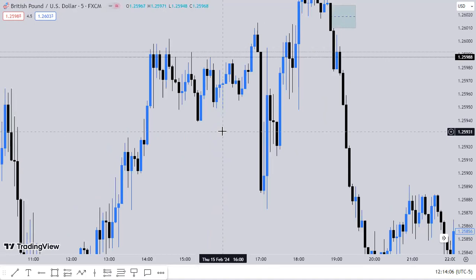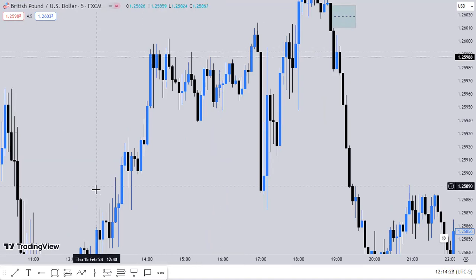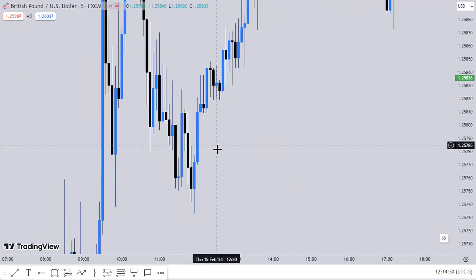So I'm not using the fair value gap only for entry. I'm using it to give me insight, let me know the next move, what will it be, upside or downside, based on the thing that I'm explaining to you.